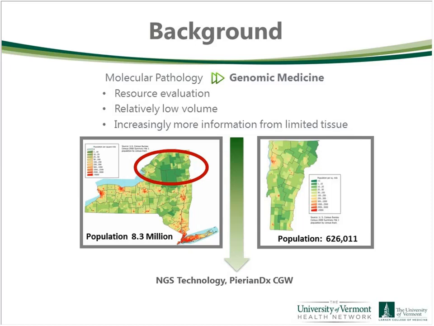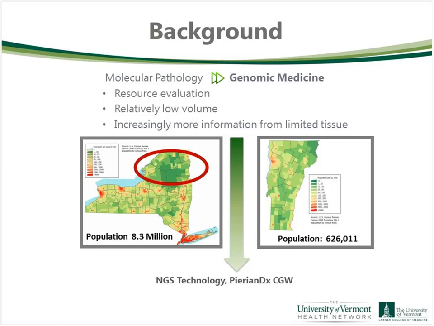With the resources that we had in hand, we decided to proceed directly to developing a genomic medicine laboratory. It's CLIA licensed and CAP accredited, and based on our resource evaluation and relatively low volume, we service the northern regions of New York State and Vermont.